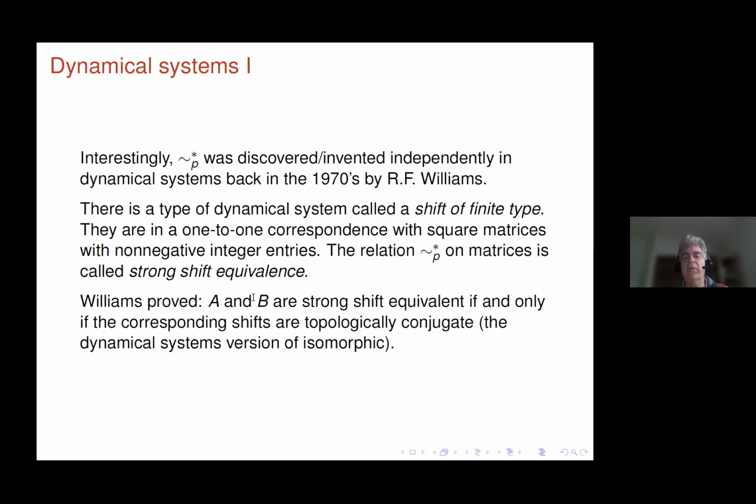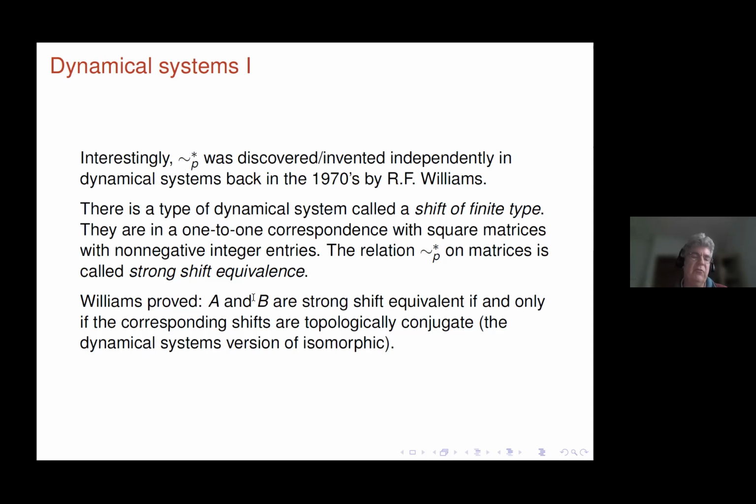And Williams proved actually that two non-negative integer matrices are strong shift equivalent if and only if their corresponding shifts, the dynamical systems themselves, are topologically conjugate. And this is conjugate in a sense that basically you can think of it as being the dynamical systems version of what isomorphic should mean.